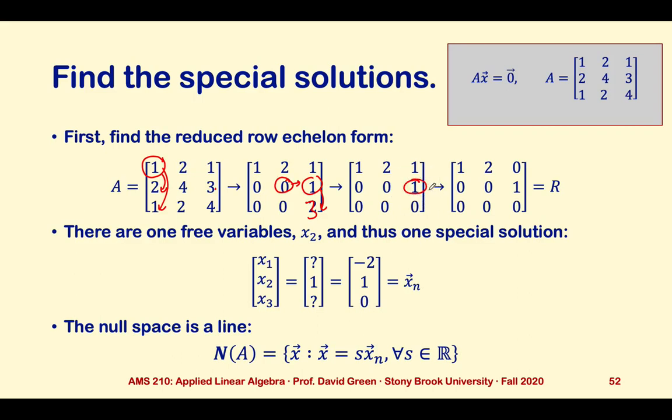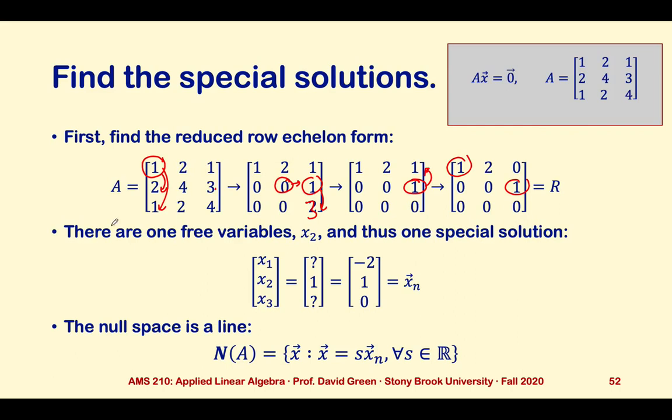We eliminate upwards, starting with our pivot here, and eliminating this entry to give us 0. And now we are in a reduced row echelon form with 1s in the pivot positions and all 0s everywhere else in the pivot columns.